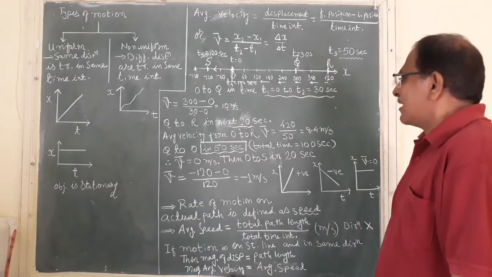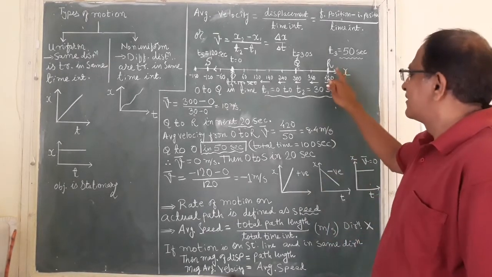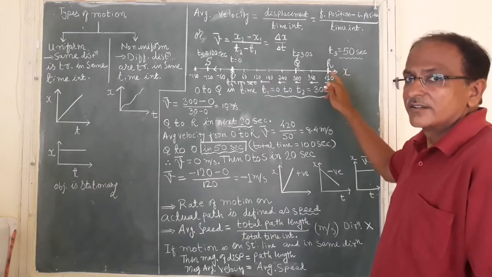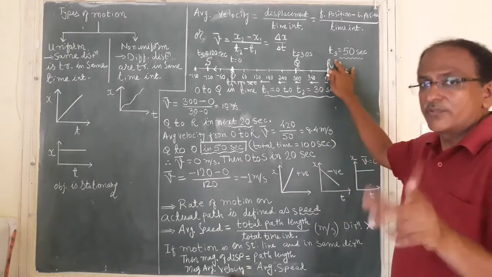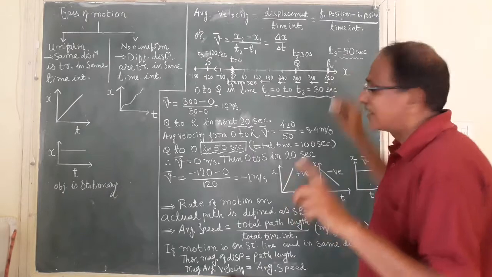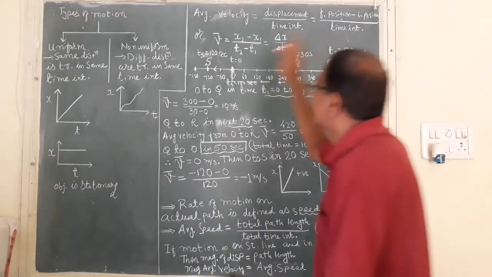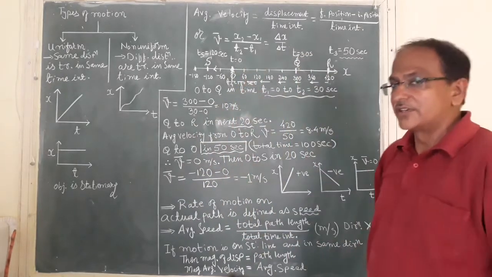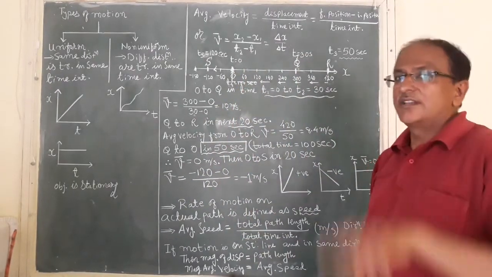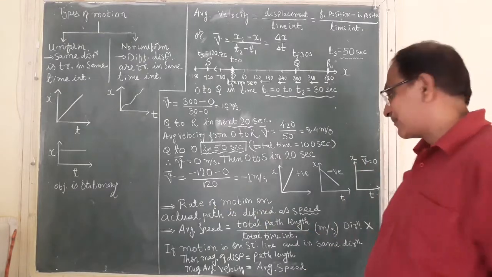Okay. Now in the next 50 seconds, so total 50 seconds, at what point is it? At point R it is reaching in 50 seconds. Then in the next 50 seconds it goes to the original position. So final position and initial position are now the same.